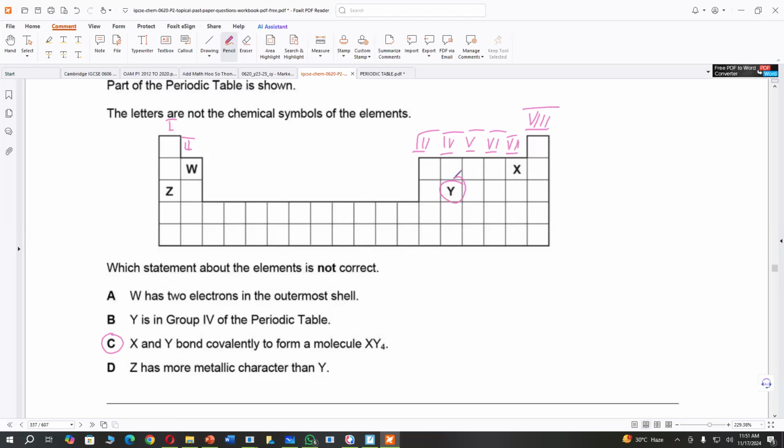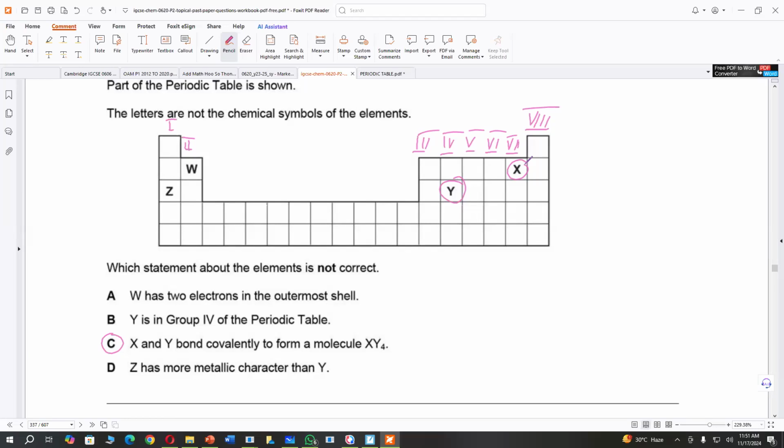Silicon. And who is X? Fluorine. So group 4 and group 7 can merge and form XY4. X is fluorine and Y is silicon.